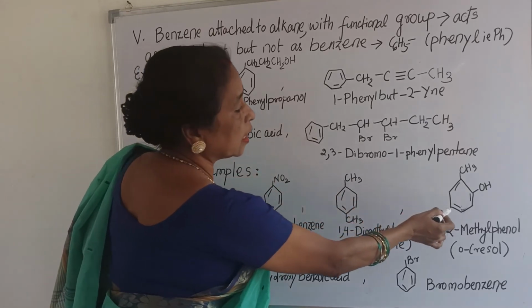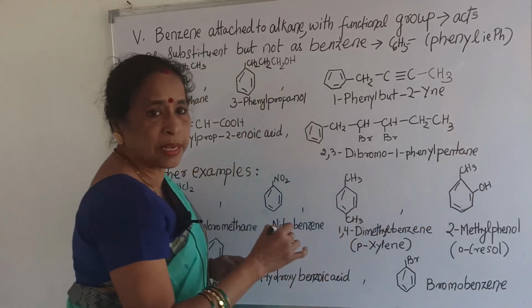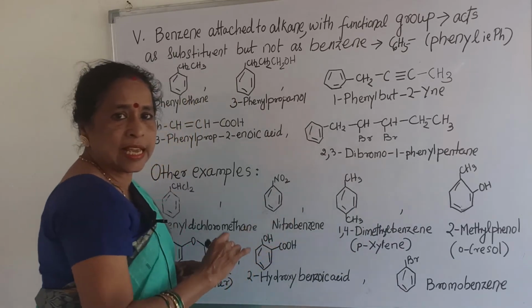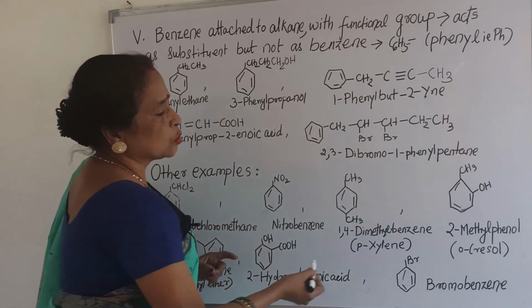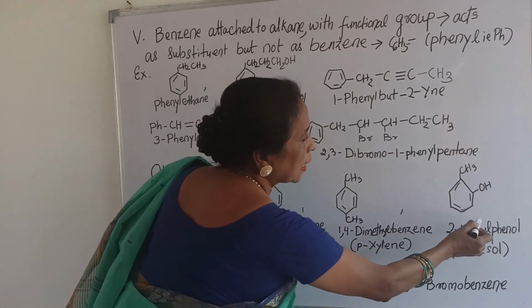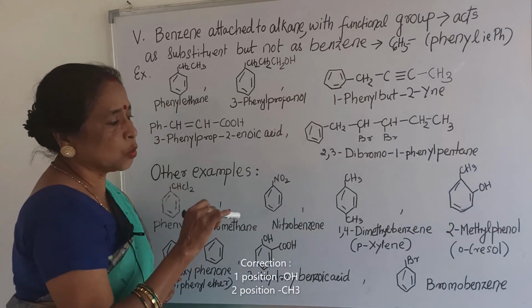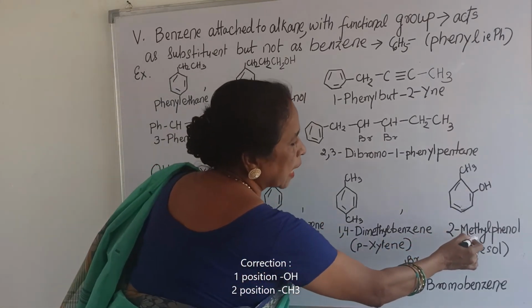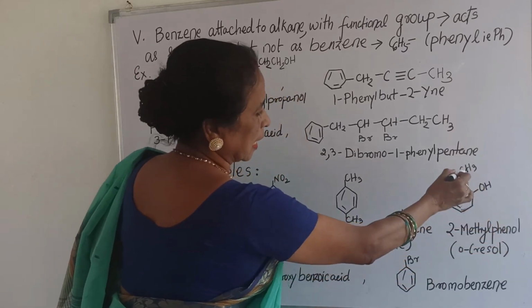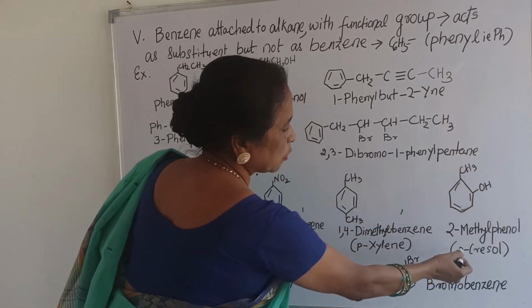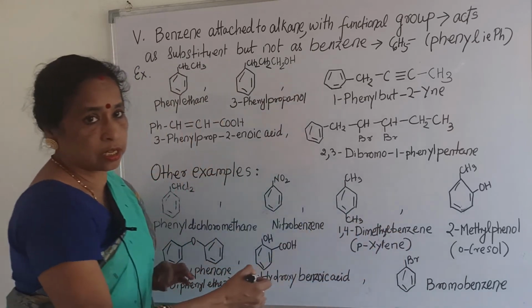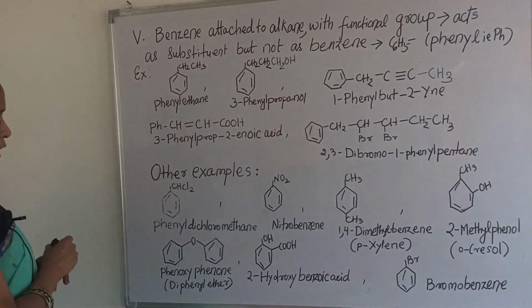Then come to here, CH3 and OH, means 1 position CH3 and 2nd position OH, so it is 2-methylphenol, because OH is the principal functional group. Here the other common name is known as ortho-cresol. Ortho-cresol, this is the structure.